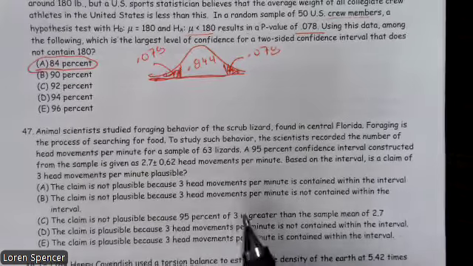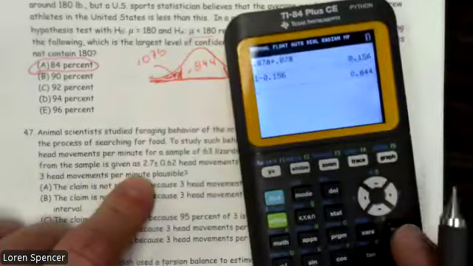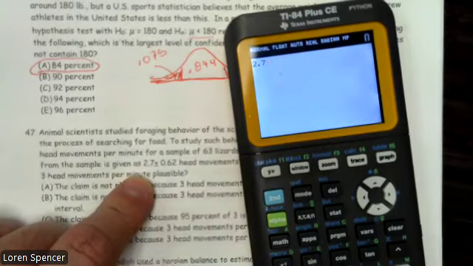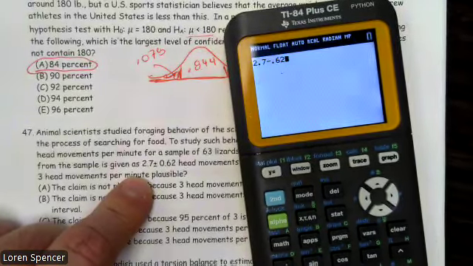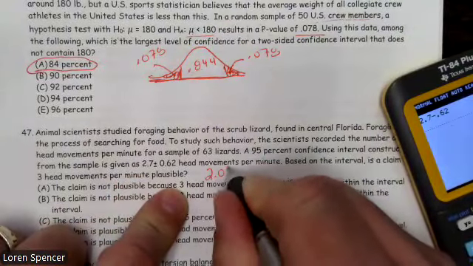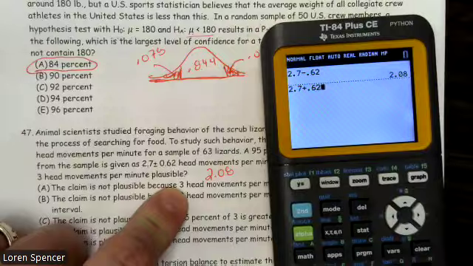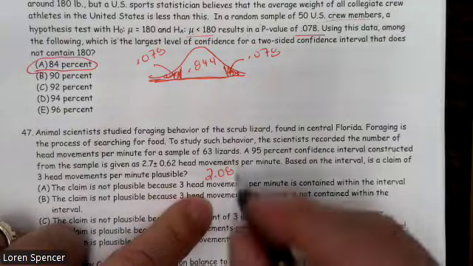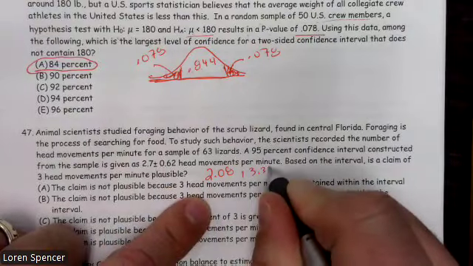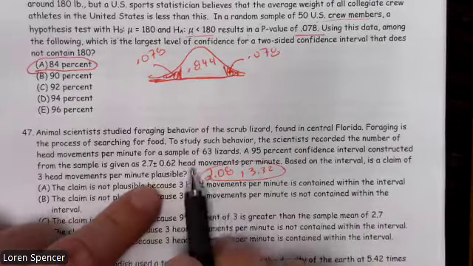Well, let's check plausibility out. To be plausible, it needs to be within the interval. So let's take 2.7 minus 0.62. It could be as low as 2.08. Let's take 2.7 and add 0.62, and it could be 3.32. So we know that any value within that interval is plausible.